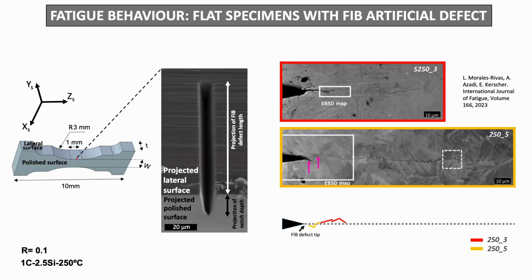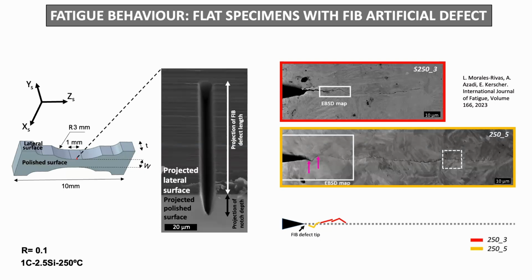Here I show just some examples, but there is a common pattern where we observe initially there are sections having kind of a V morphology of the crack before the crack starts growing in a direction that is globally normal to the applied loading direction.